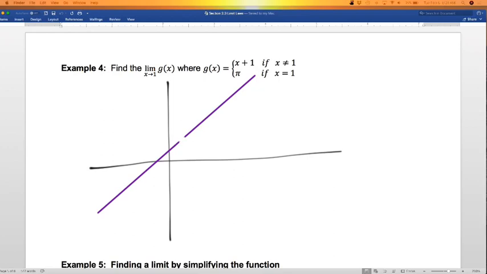And at that point, instead of it being equal to 2 or whatever our line would normally equal, it equals pi. Okay? This is basically what that function would look like if I graphed it. If this is 2, this is 1, this is 3, and this is pi. That's basically what it would look like.